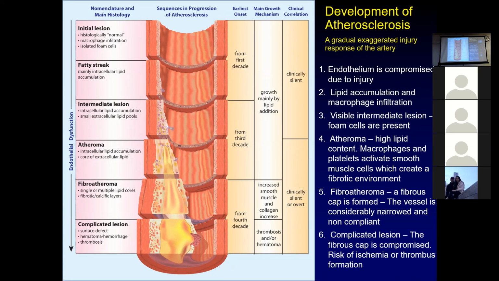The macrophage can't totally digest all the LDL. It's like, we don't like this, and it just kind of explodes and becomes what's called a foam cell, which is just this kind of yucky, fatty looking little cell, okay?